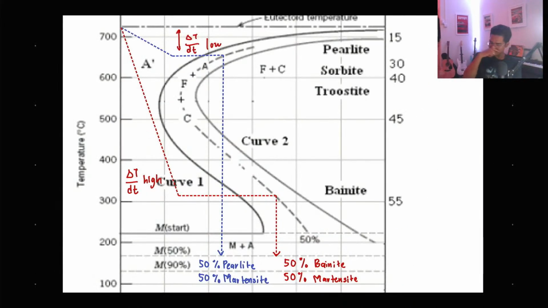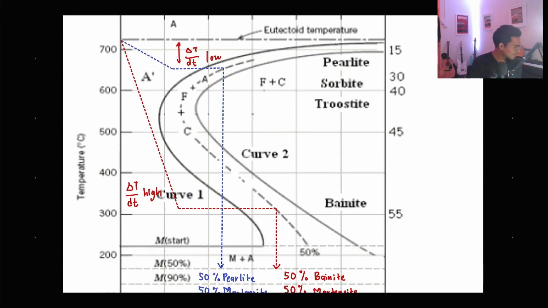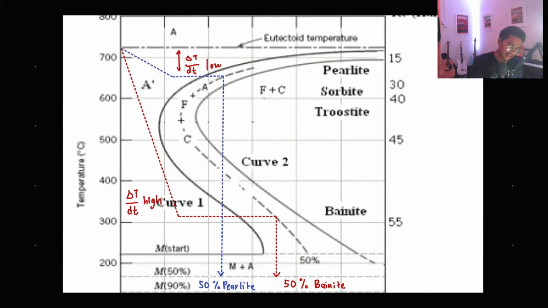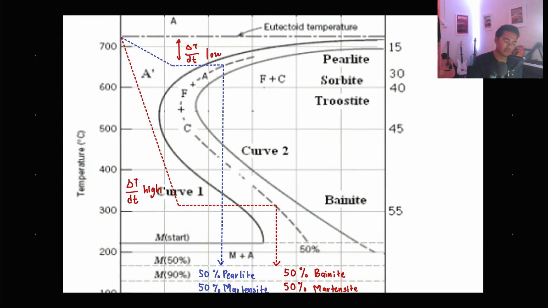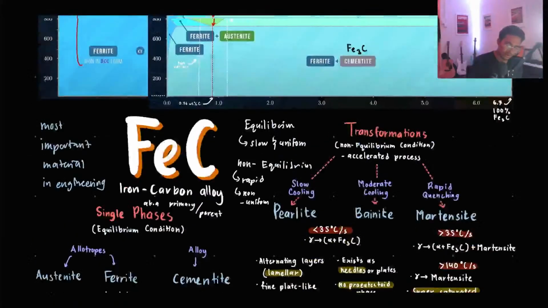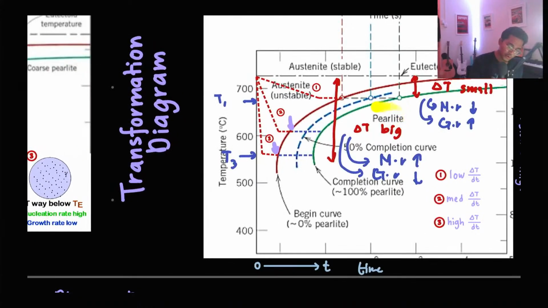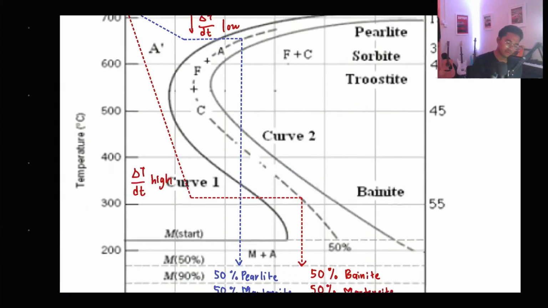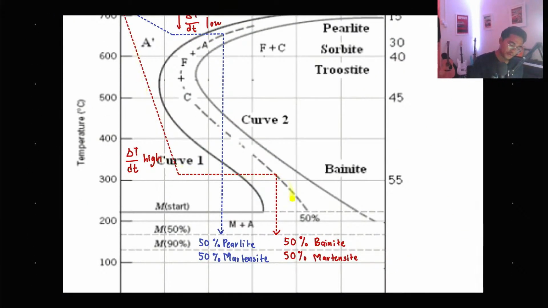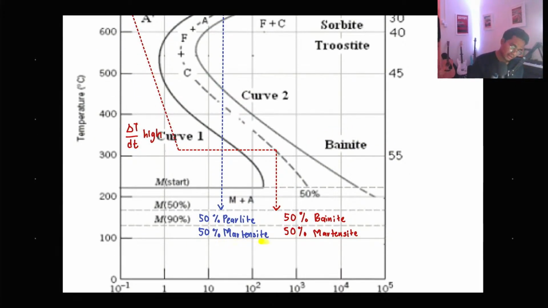Can you see the differentiation? The gradient of the curves are different. So what happens if we have different gradients of the curve? We would have different microstructure. So earlier, the first one is to produce perlite. If we take it to the next level, we would be producing something else, which is called bainite and also martensite.